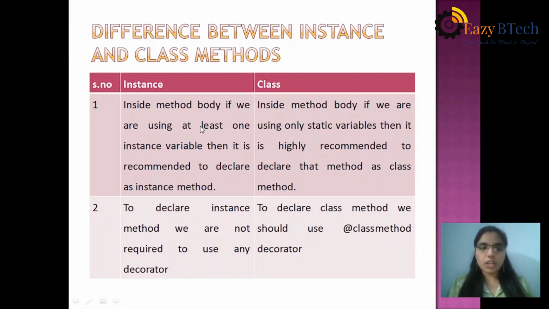Inside the method body, if we are using at least one instance variable, then it is recommended to declare an instance method. Instance variables vary from object to object, and instance methods also vary from object to object.